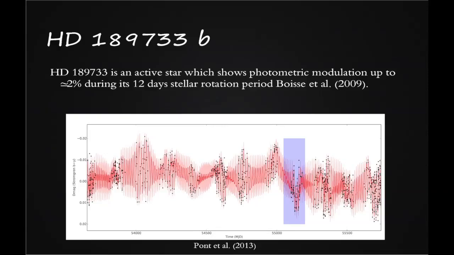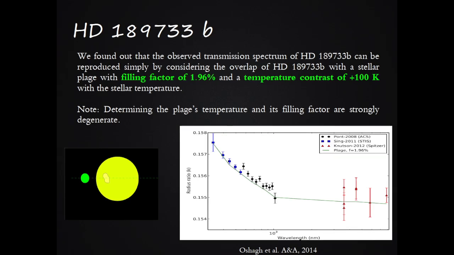The star shows up to 2% variation during its rotation around itself. So it shows that the star should have a lot of spots or plage on its surface. By assuming that HD 189733b is transiting over one of those features during its transit, we could easily reproduce the transmission spectrum that was observed.